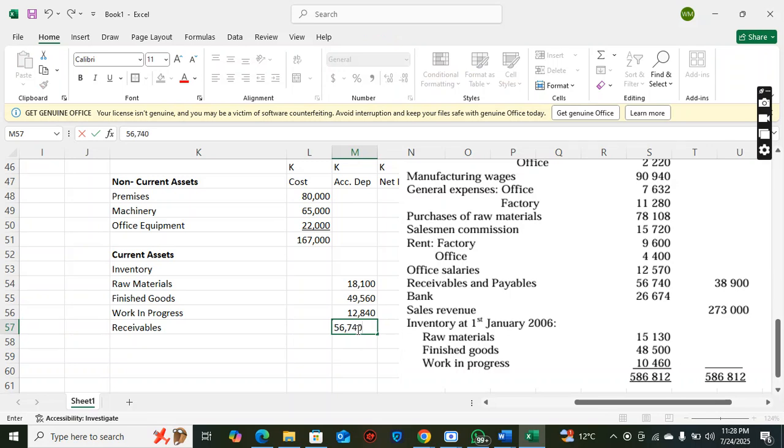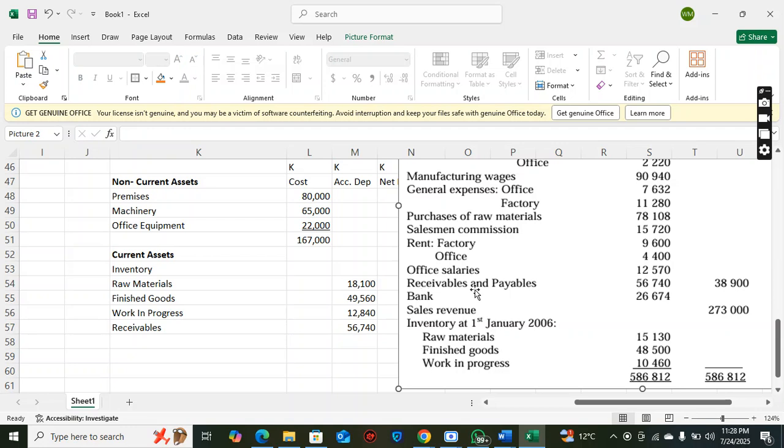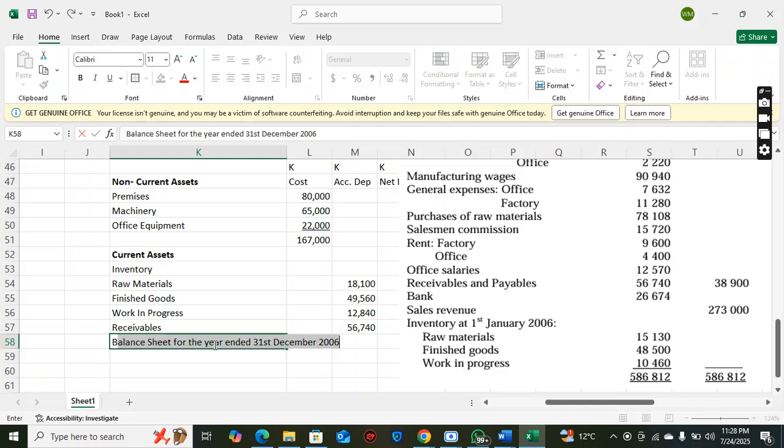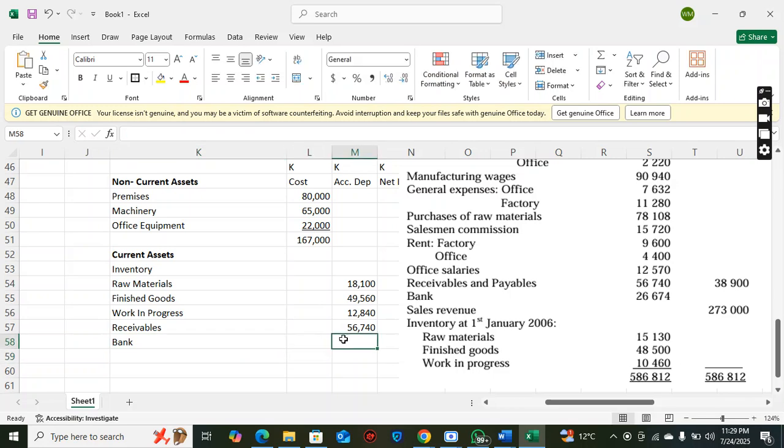What if it was discount received and discount allowed, debit and credit there? Which one would be discount received? Which one would be discount allowed? Somebody give it a try.